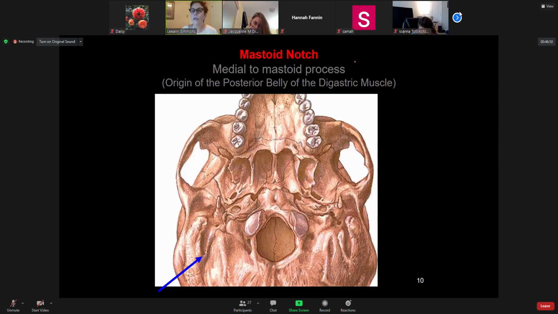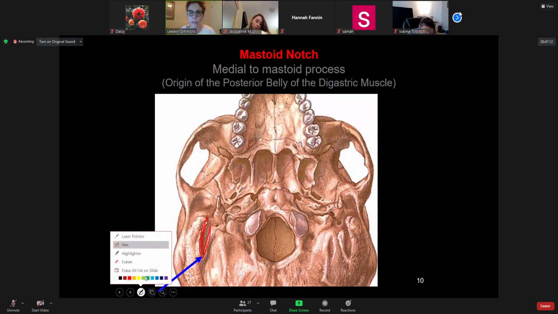Okay, so let's look at this notch right here. This is the mastoid notch. I'm going to look now at notches. And let me label your mastoid process with an M. Here is the mastoid process.